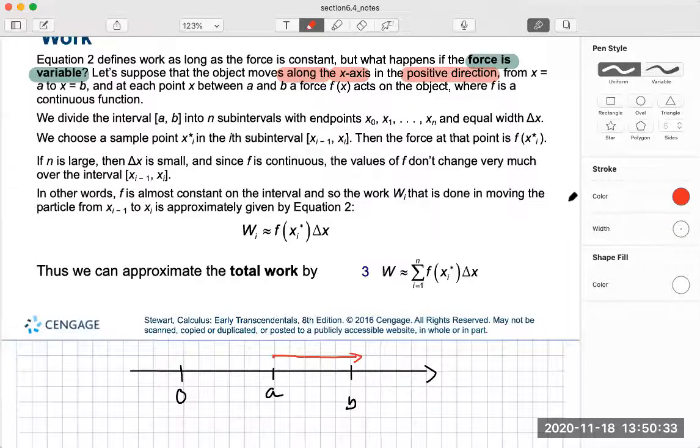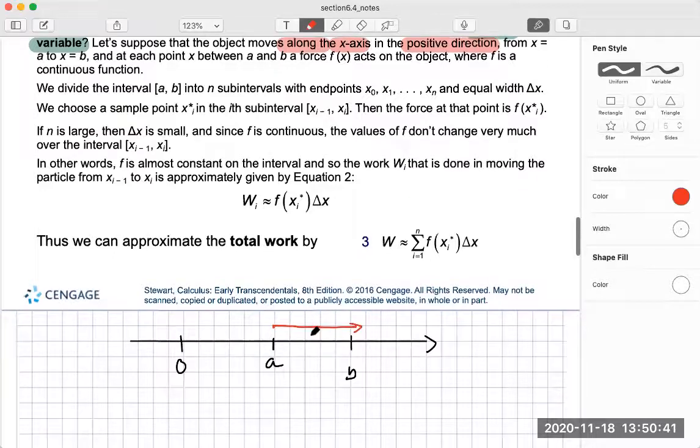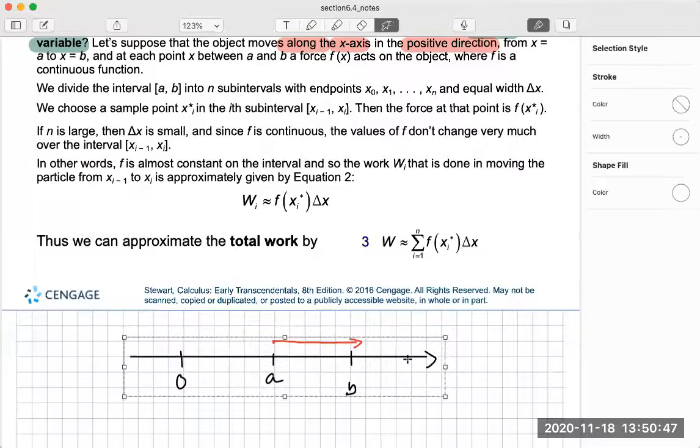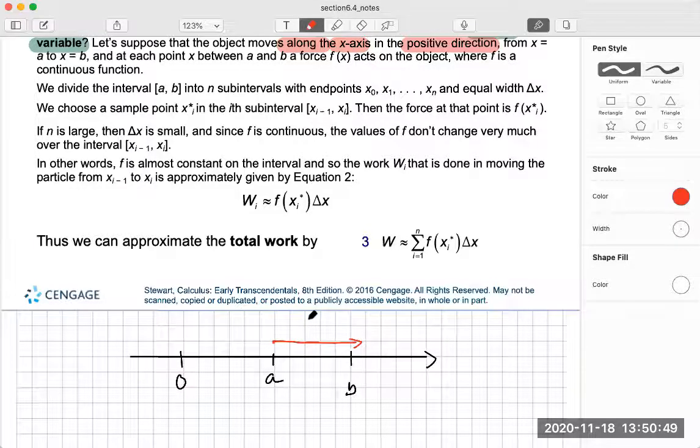At each position, the force is F of x. The force is a function depending on the position.